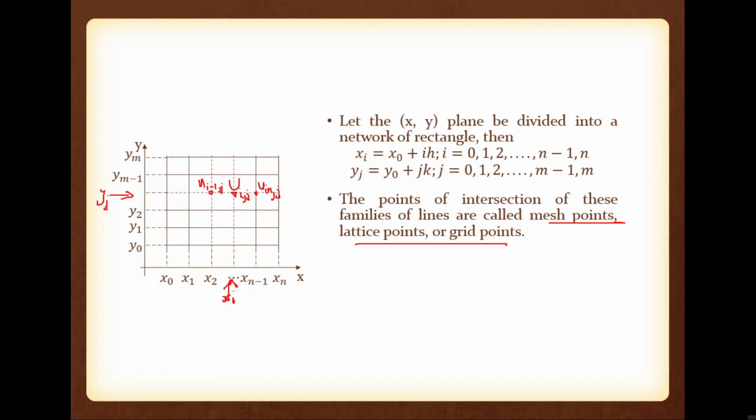Now with respect to y, the next point is this one. We can label it as u i comma j plus 1. Why? This is the current point, u i comma j. Now the next vertical point is u i comma j plus 1, meaning with respect to y, the next point is u i comma j plus 1.